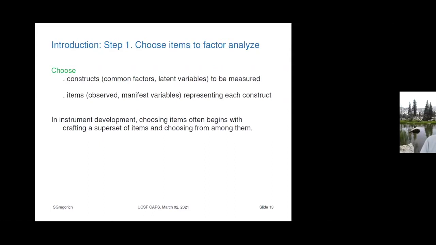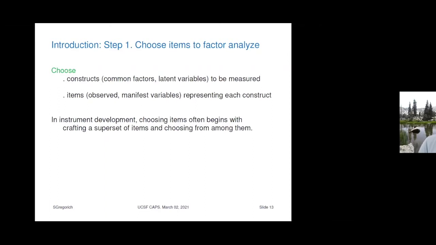It also happens a lot when you might be taking an instrument that has been validated in one population group and you want to adapt it for a different population group. And so you may need to do a considerable amount of adaptation with focus groups in that case. So there's going to be a whole item construction or item selection.